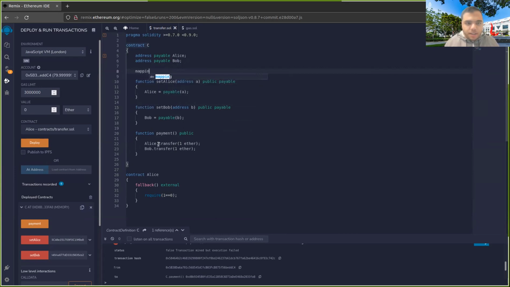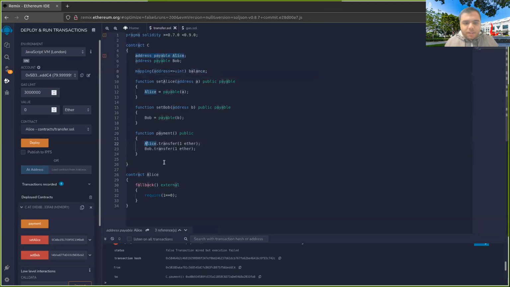So I can create a mapping, and let's say that this is a mapping that maps addresses to uint, and I'm going to call it balance. So I'm thinking of my contract as some sort of a bank now, and the balance is the amount of money that each person should get paid.